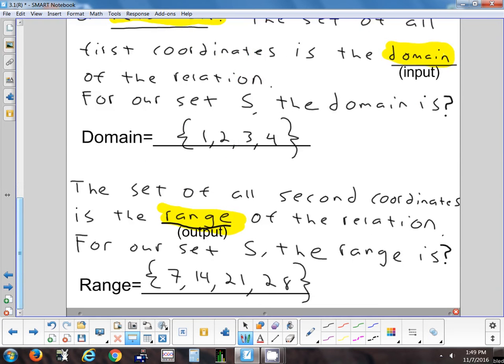On the line where it says range, you're going to fill in 7, 14, 21, 28. In this particular problem, the domain had 4 numbers, the range had 4 numbers, and that was it. We could have problems where you have many more than that. You could have 50 numbers in the domain. We're not going to have one with that many, but you could.